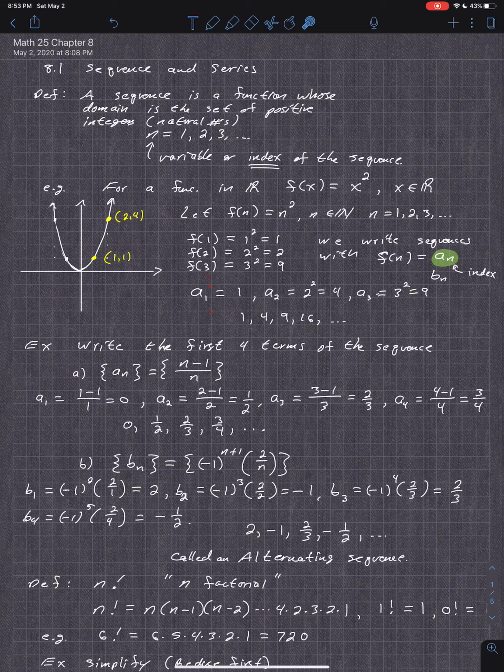You keep going. So the output, when you square it, is just 1. This should be 4. Okay, I'm not sure how I messed that up. And then 3 squared is 9. So your ordered pairs are (1, 1), (2, 4), and (3, 9) way up here.